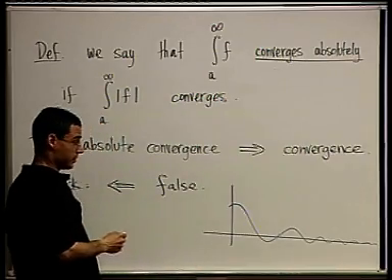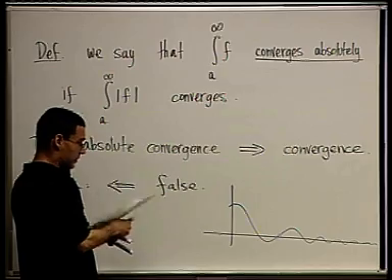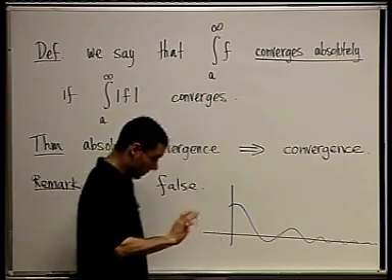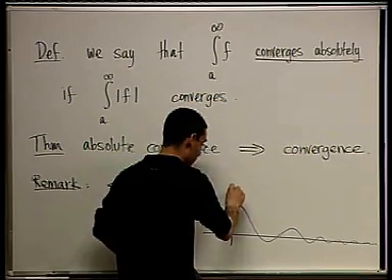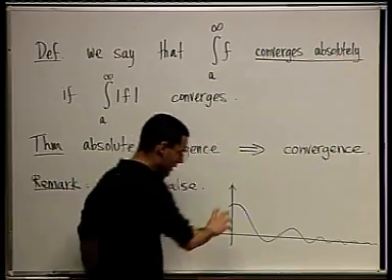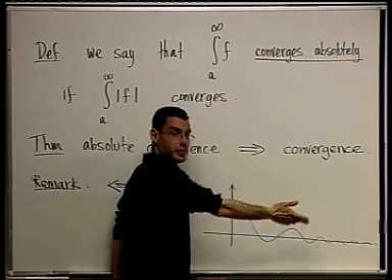And saying that it converges means, intuitively, we're now working only on the intuitive level, that summing the areas all the way to infinity gives us a finite number.